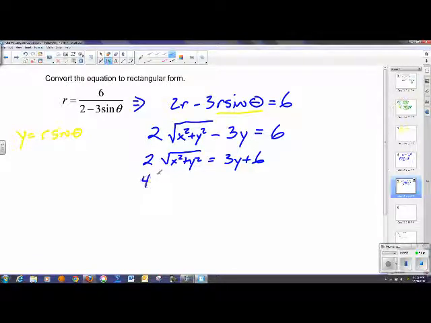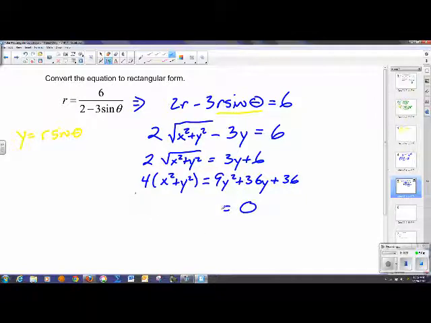Give us 4 times x squared plus y squared. This term's going to have to be FOILed. So that's 9y squared. 18 and 18 is 36y plus 36. Then I set aside equal to 0 because we want this in standard form.